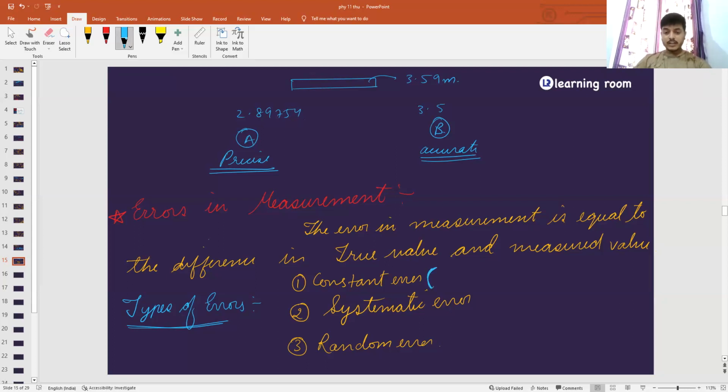Small definitions also you can write here. Constant error: affects each observation by the same amount. That will happen constantly. You cannot eliminate it.